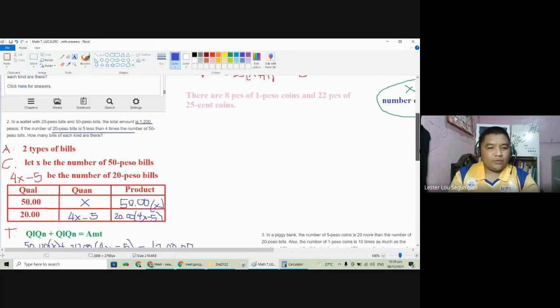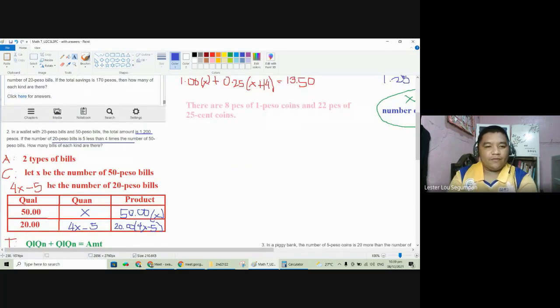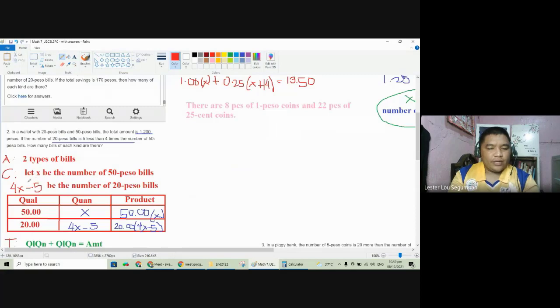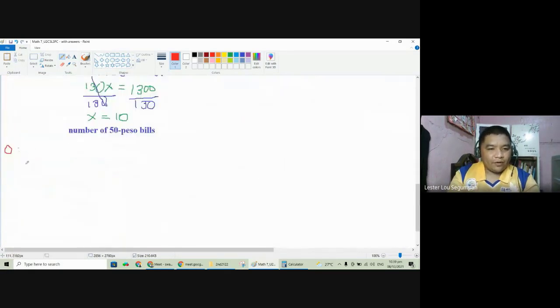Since we are to solve also the number of 20 peso bills, we have here our overlay, and it actually stands for its representation in step C or step 2. You have 4x minus 5, where x is 10. So you have 4 times 10 minus 5.